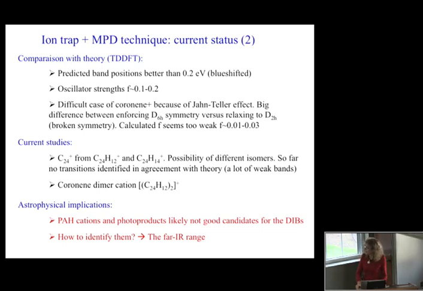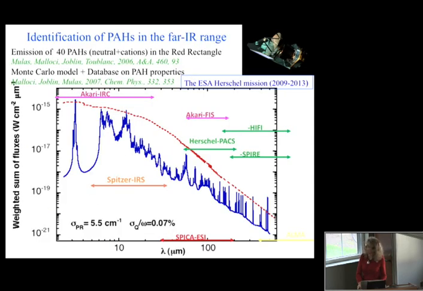So our idea, and others', is to go for the far infrared range, because you have specific vibrational modes there. But this is very challenging. So there are efforts now to identify in the Herschel spectra some of these bands that are predicted by a model, but they're expected to be weak. So I don't know.